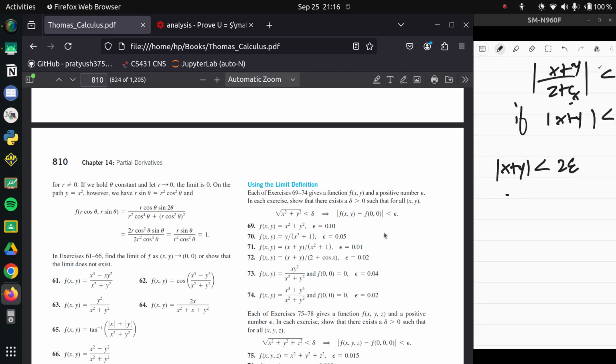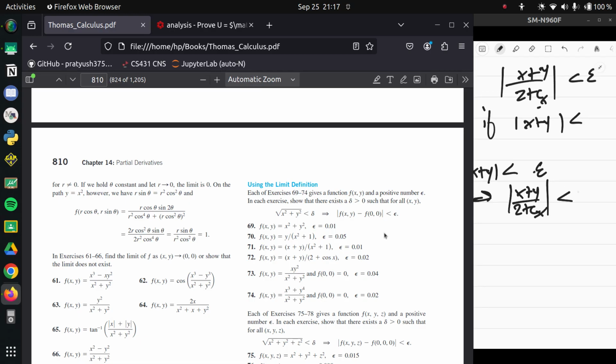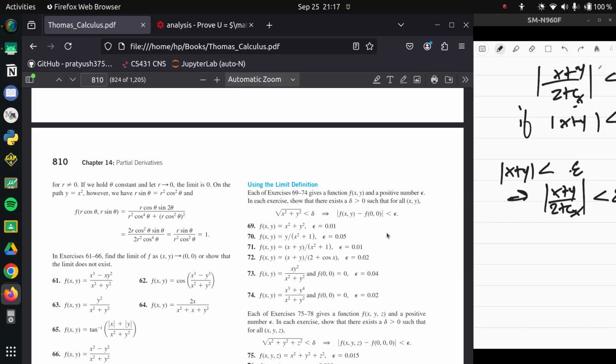That kind of implies that, or let's just say if it's less than epsilon, then this already happens automatically. Yes, that's true because the minimum value is just 1, otherwise it's something bigger than 1, and then it's trivially true. So all we require is that this should happen.